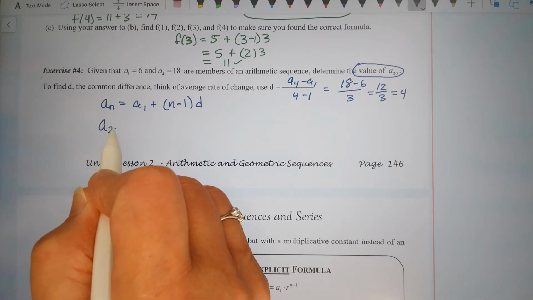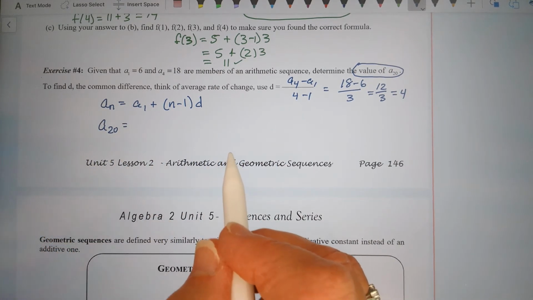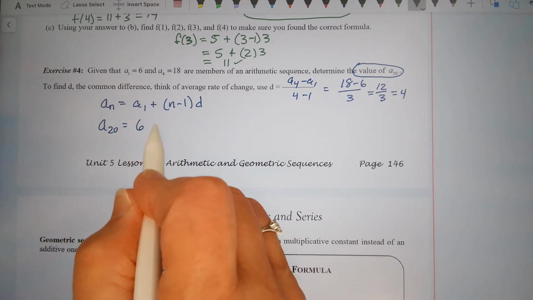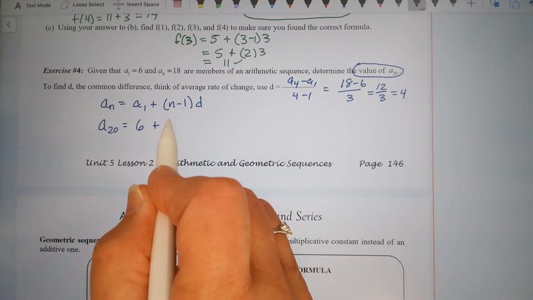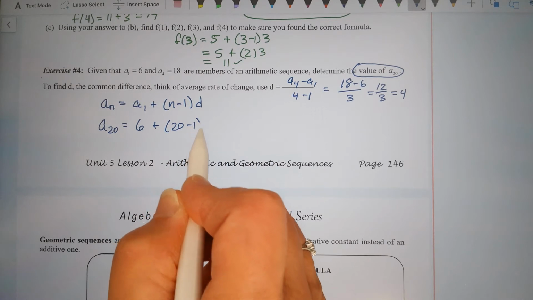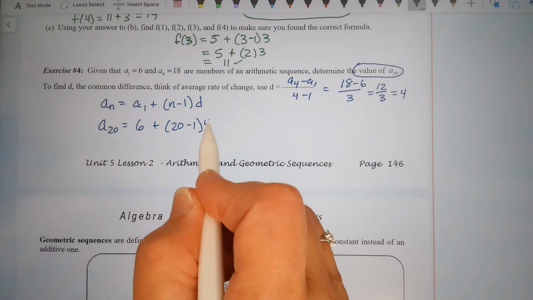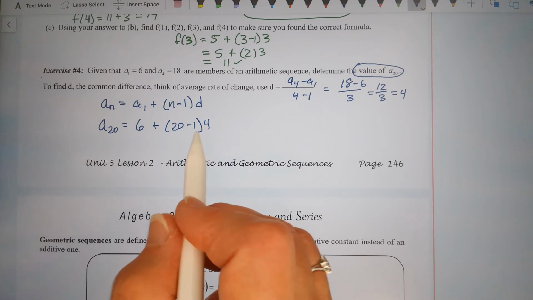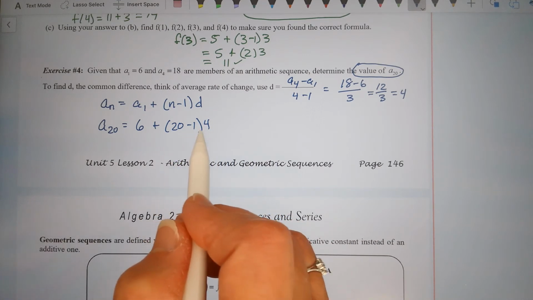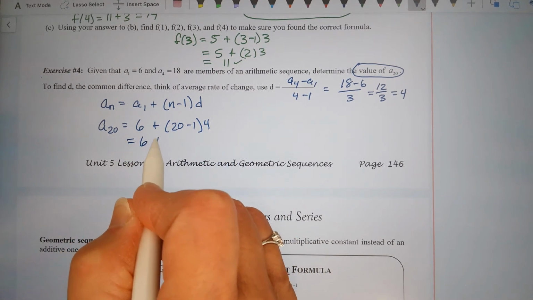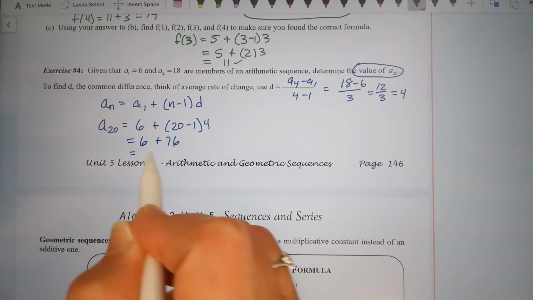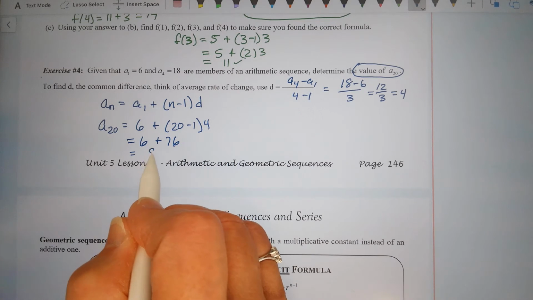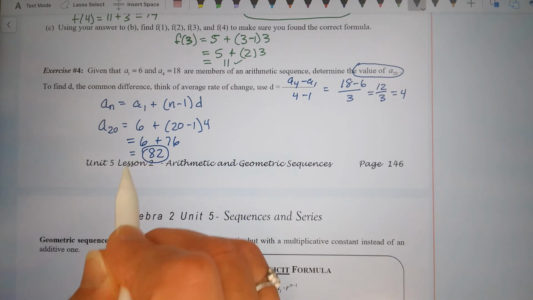So a sub 20 equals a sub 1, the first term is 6, plus n is 20, minus 1, and D is 4. 20 minus 1 is 19. Well, actually, that's 19 times 4 is 76, and 6 plus 76 will yield 82. So the 20th term is 82.